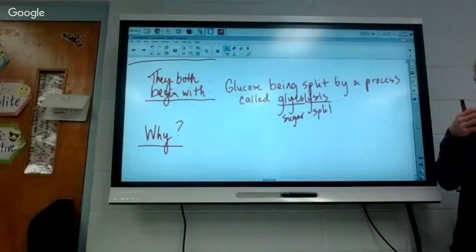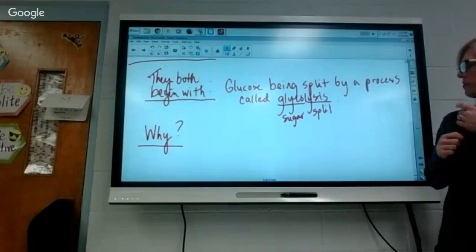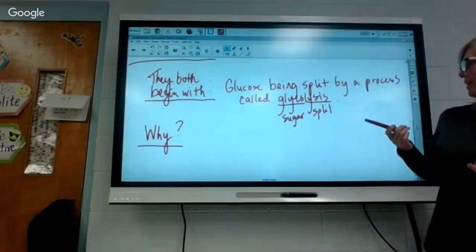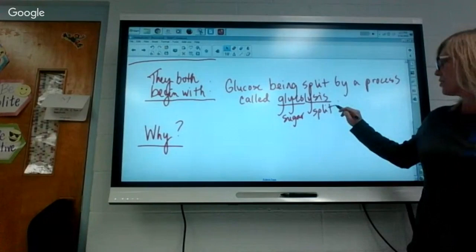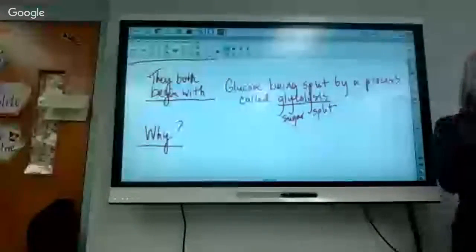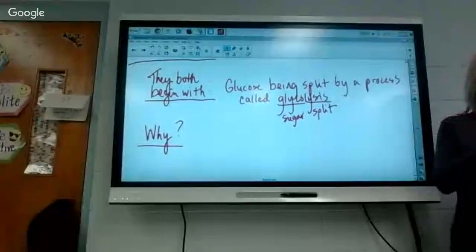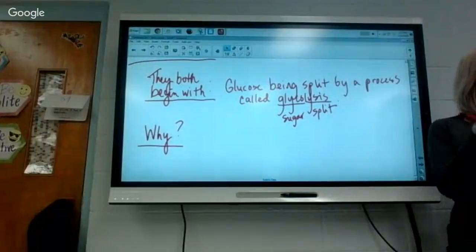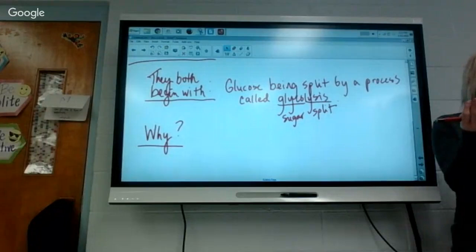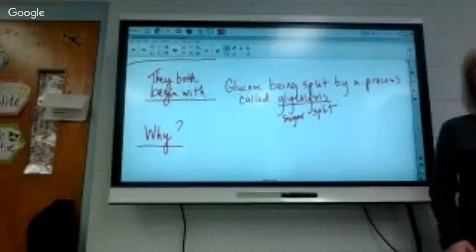It's interesting, the whole why behind it, whether you have oxygen or not. There are some organisms that hate oxygen; they die in the presence of oxygen. So obviously, are they going to be aerobic or anaerobic? Anaerobic. The first living things on this planet were anaerobic.